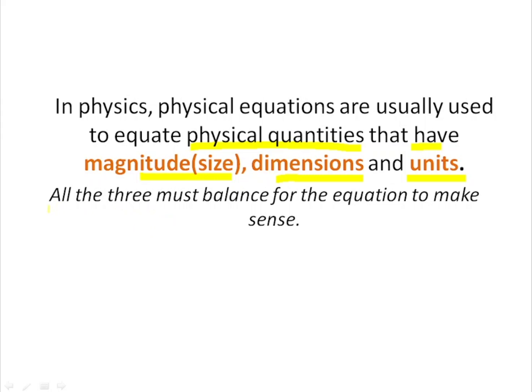I will repeat. In physics, equations are usually used to equate physical quantities that have magnitude, that is size, dimensions, and units. All the three must balance for the equation to make sense.